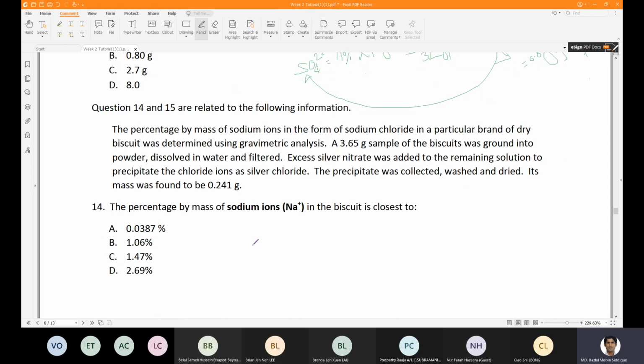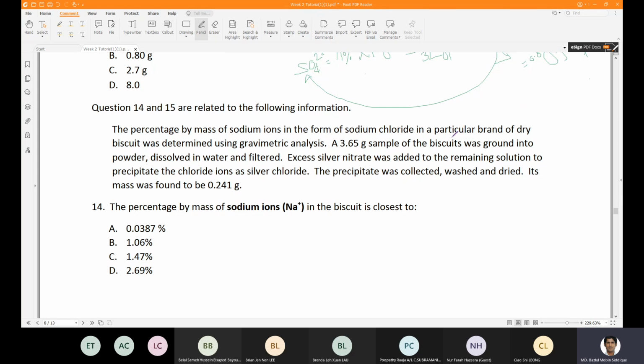Okay, question number 14 and 15. I will finish it faster because it's almost 4. The percentage by mass of sodium ion in the form of sodium chloride in a particular brand of dry biscuit was determined using gravimetric analysis.